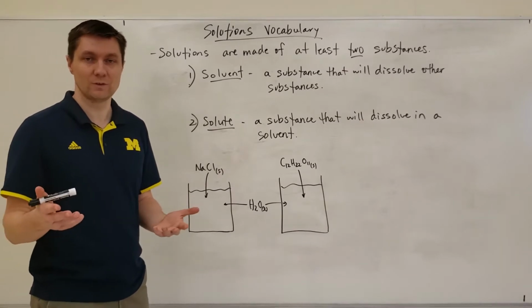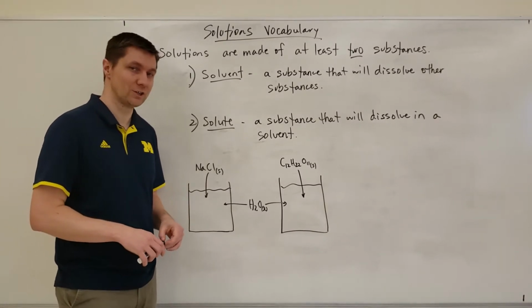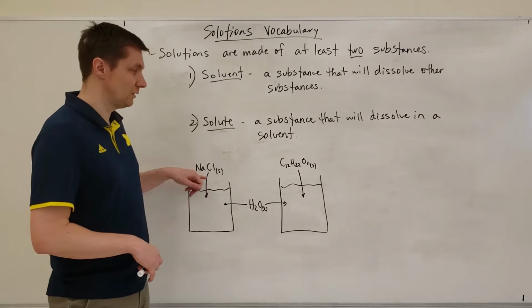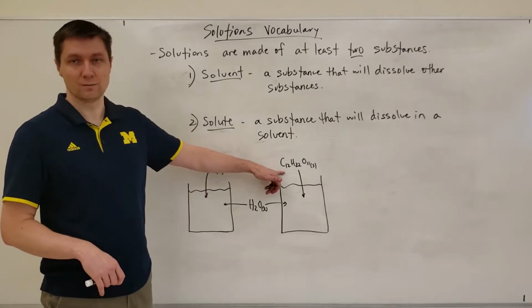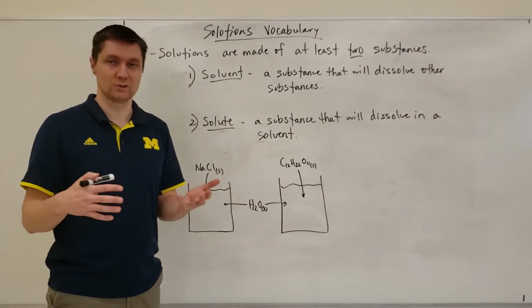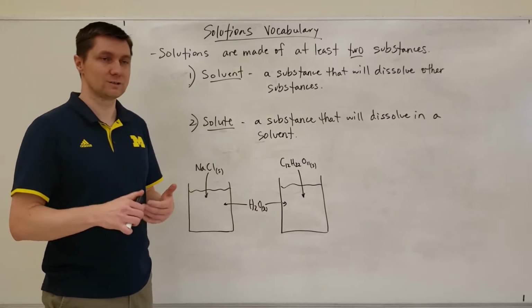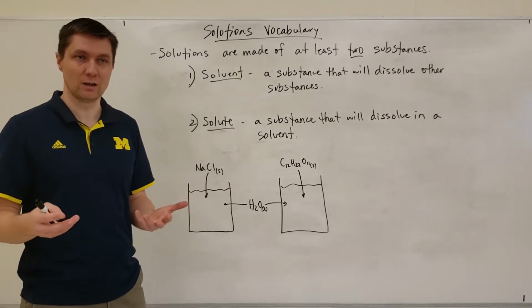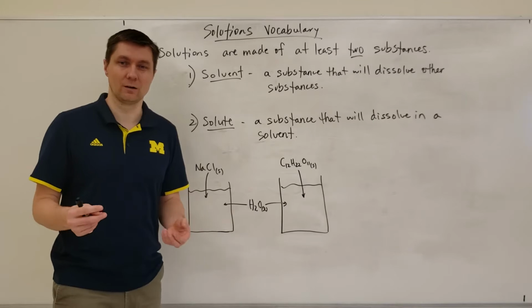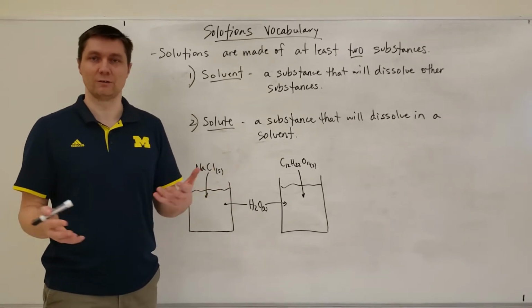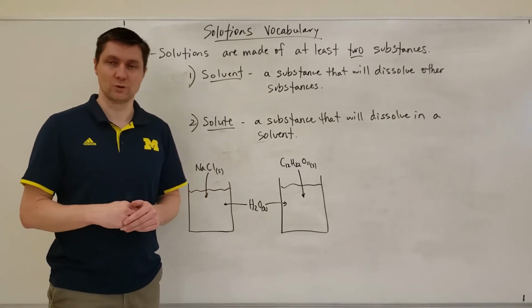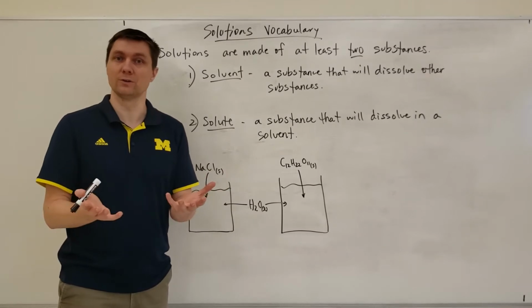The common names for these, if you've been memorizing your memorization sheet, are table salt and table sugar. We know that both of these substances dissolve very well in water. And because we're talking about solutions for this unit, that's the only thing we really care about: substances that dissolve in other substances, so that we can get a solution that appears to be one substance but really isn't.